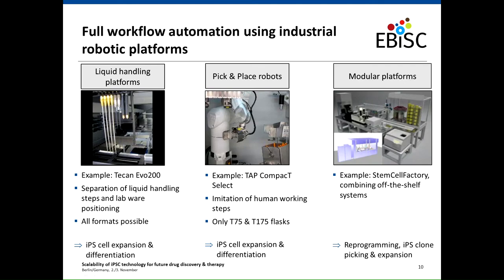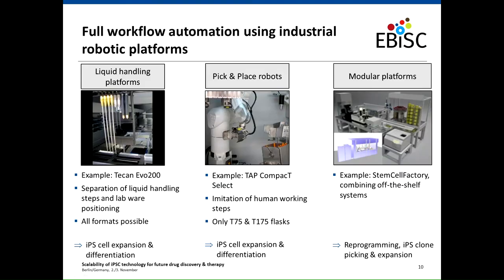Another possibility is to use pick-and-place robots. Here, for example, the Sartorius CompacT SelecT. And here the innovation is that all the human working steps are imitated. That means you have a robotic arm, and this robotic arm takes a pipette here and here, and does the liquid handling like a human arm would do the same movement.